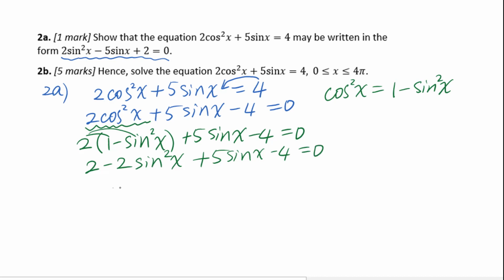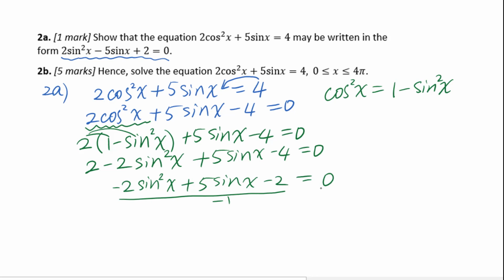Combine like terms, negative 2 sin square x plus 5 sin x minus 2 equals 0. Then we divide it by negative 1 both sides. You will get 2 sin square x minus 5 sin x plus 2 equals 0. So we finish the proof for 2a.